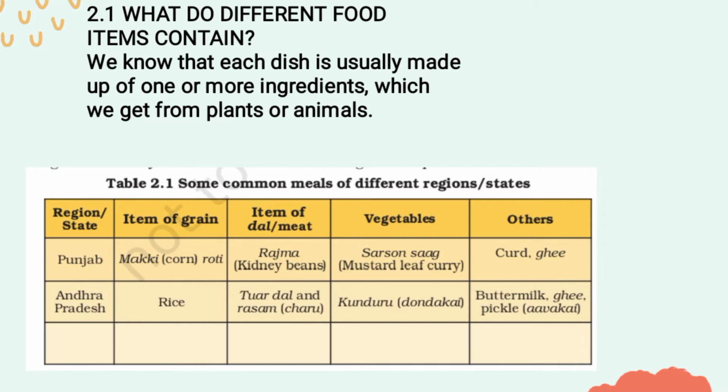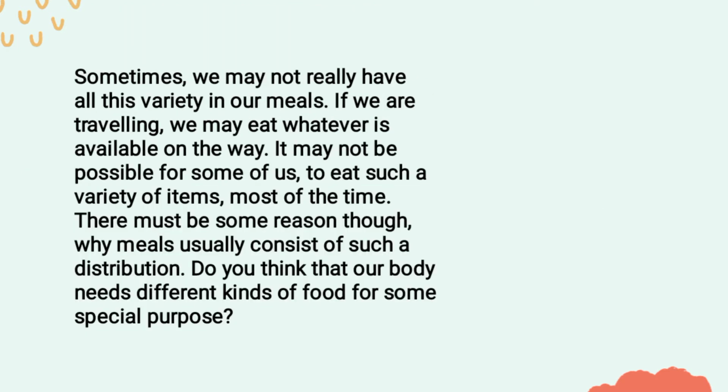For your region or state, you can take South India or Karnataka: item of grain, that is roti, jowar roti; item of dal, tur dal; vegetables like tomato curry or brinjal curry; other things like buttermilk, curd and pickle you can add to this. So you have to do like this.